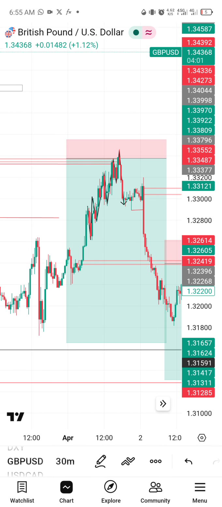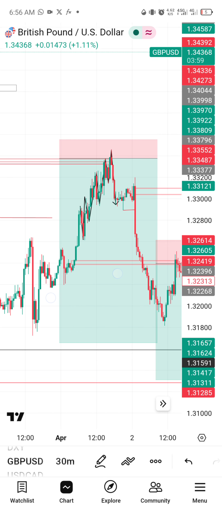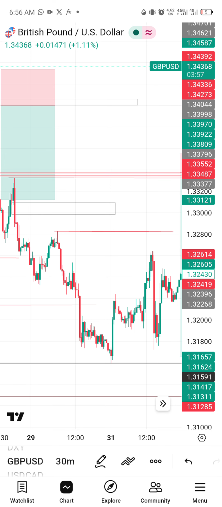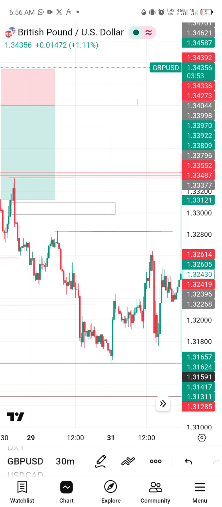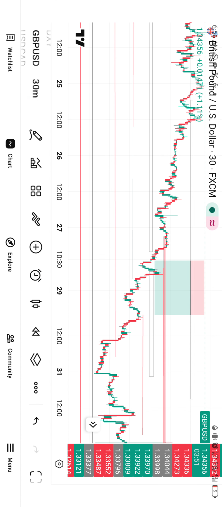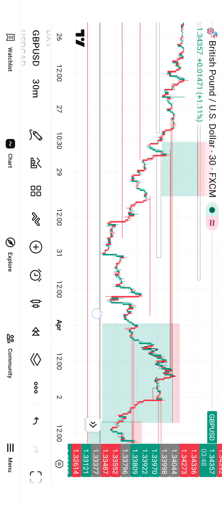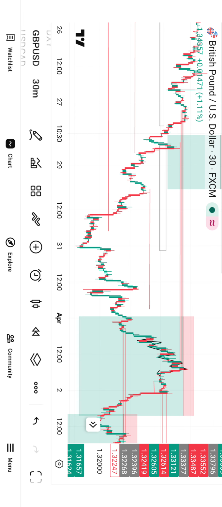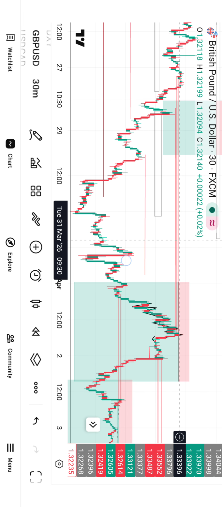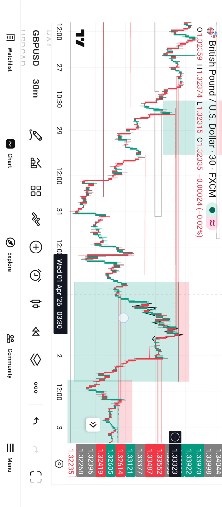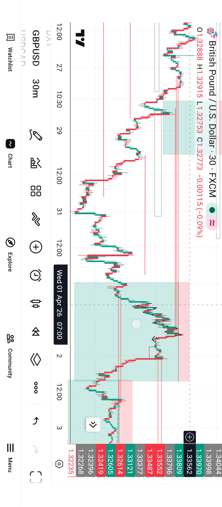So yes, I had a sell view here on GBP. That was the liquidity that price swept. I had a sell view here, but I missed it.